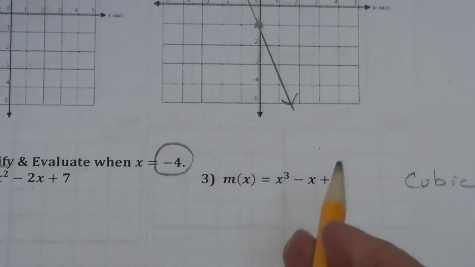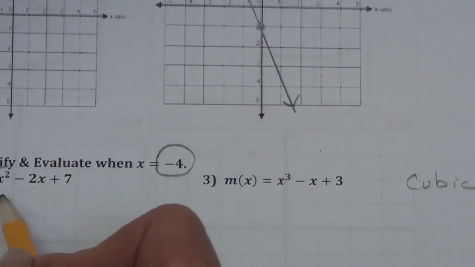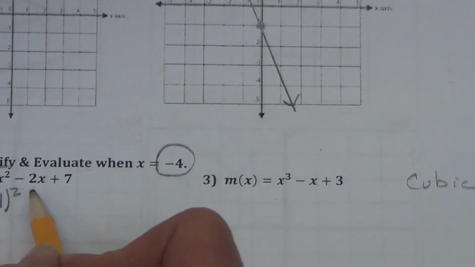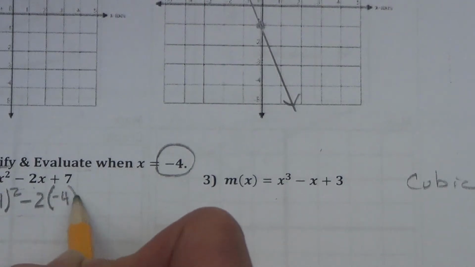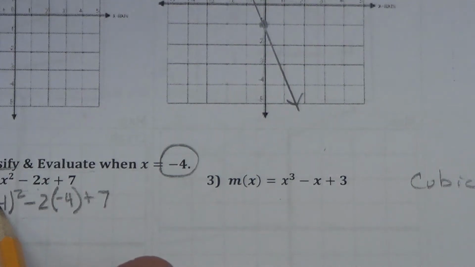Now we just plug it in and evaluate it. -4 squared minus 2 times -4 plus 7. So a negative times a -4, -4 times a -4.